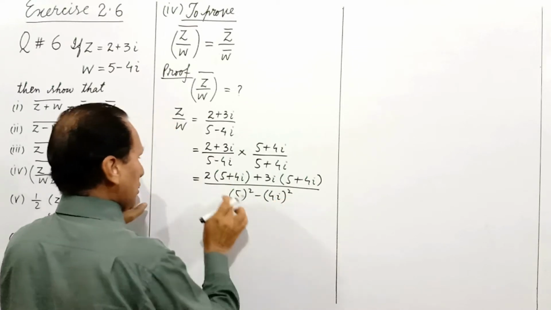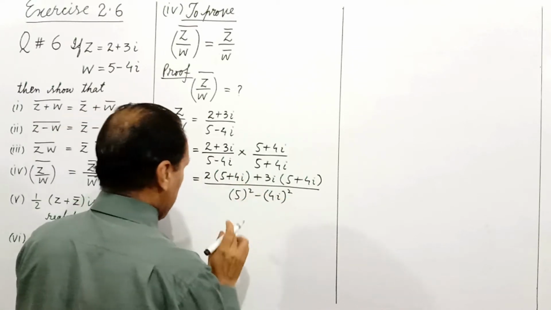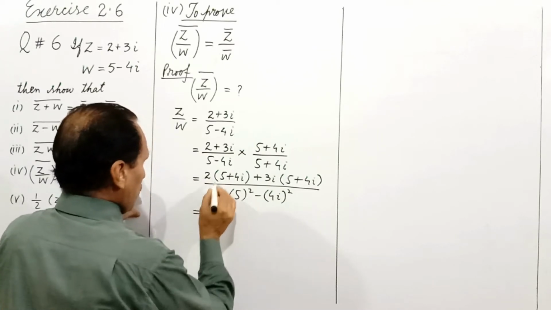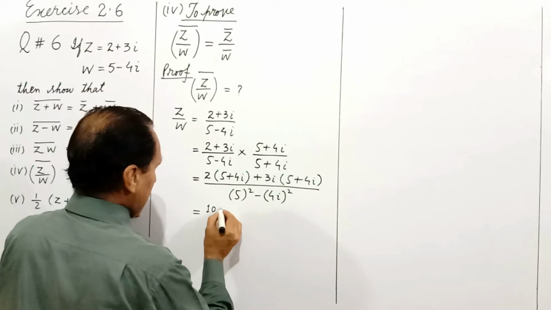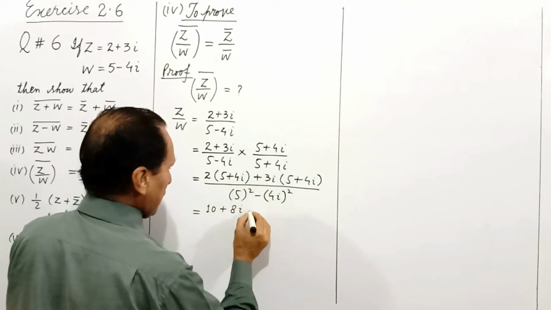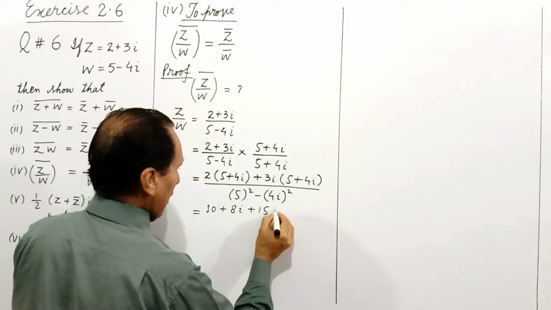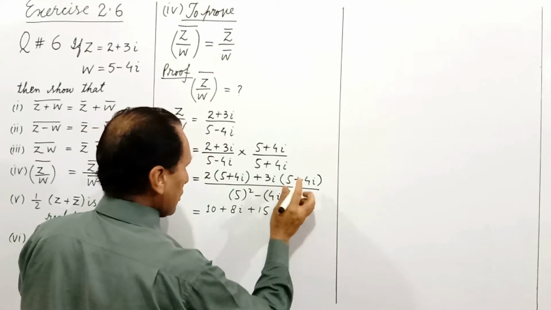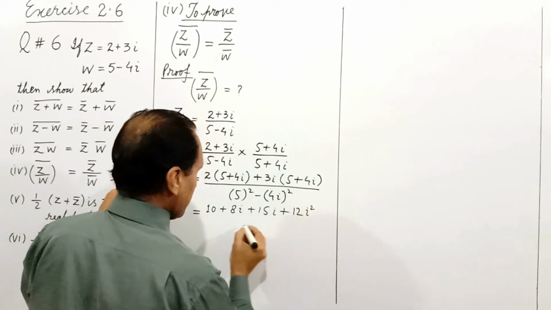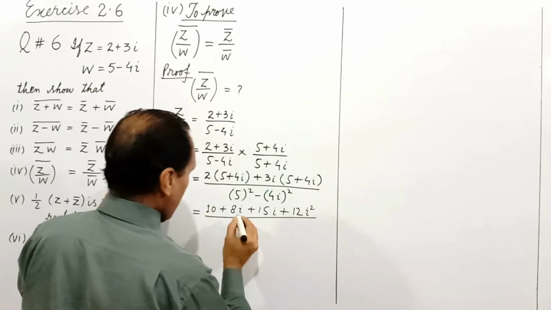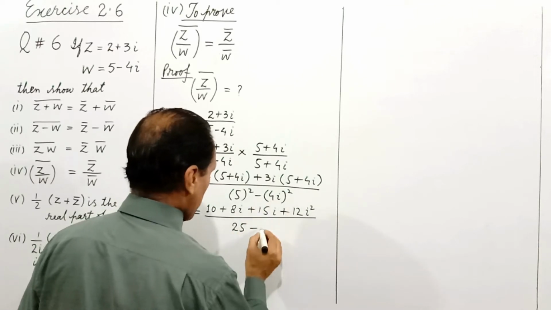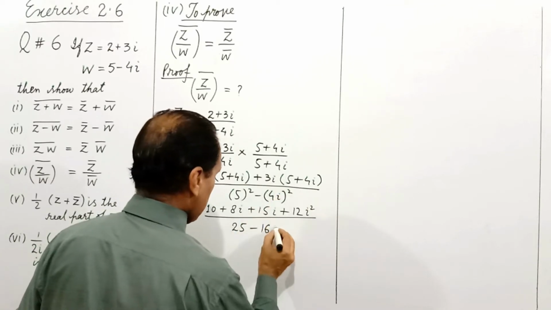So the value of a is 5, the value of b is 4 iota. 2 5s are 10, 2 4s are 8 iota, plus 3 5s are 15 iota, plus 3 4s are 12 iota square. 5 square becomes 25 minus 4 square is equal to 16 iota square.